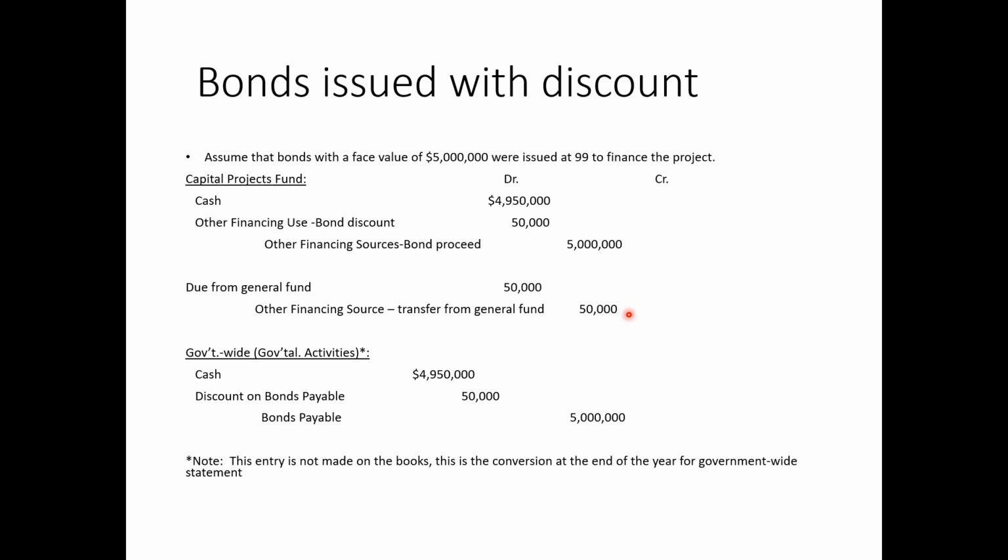Alternatively, we can revise the budget for the project and reduce the total spending to $4.95 million. Either way will be fine. But usually we're going to transfer money from the general fund to make $5 million.